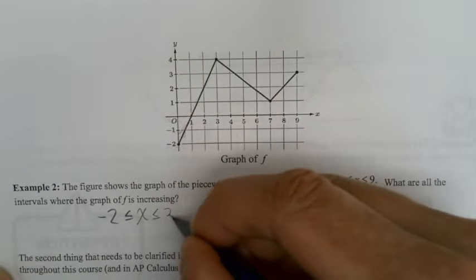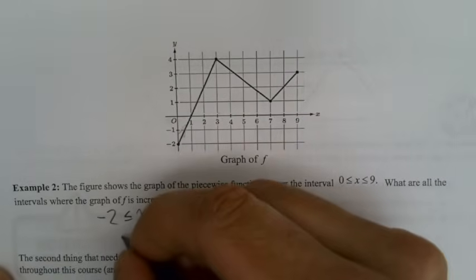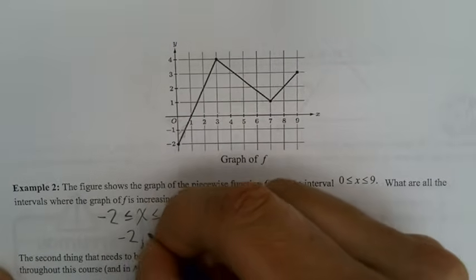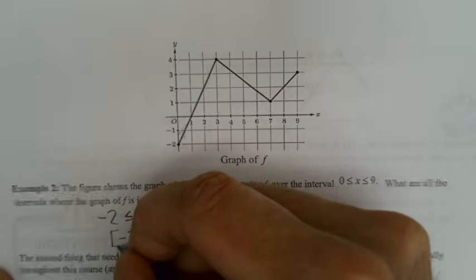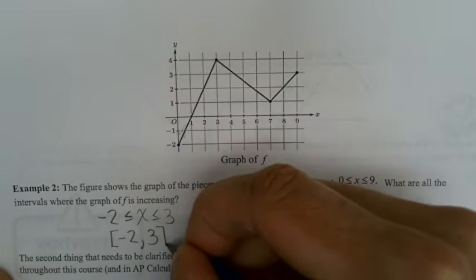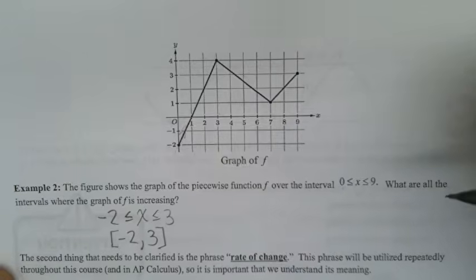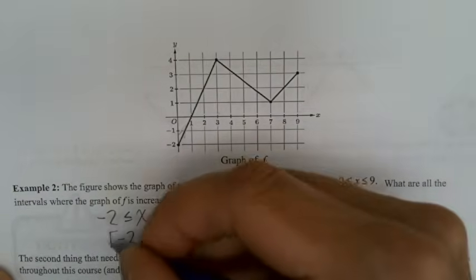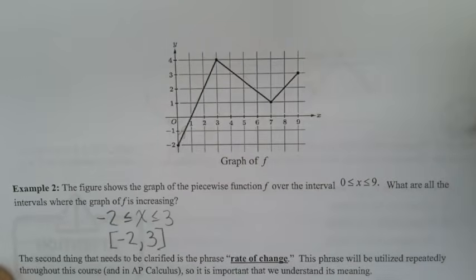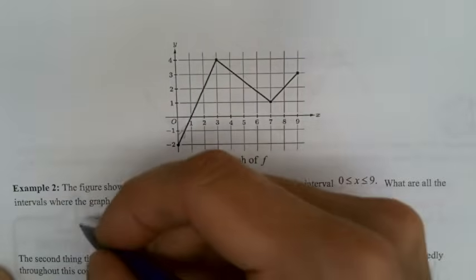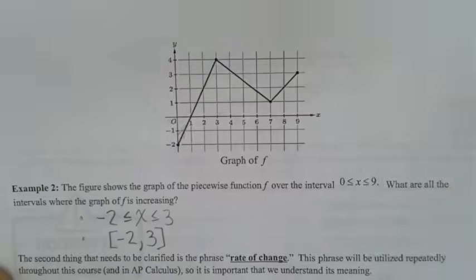So that's pretty simple. Another way we will write that is like this, where I use a bracket to imply equal to. If it was just less than, I would use a parenthesis. We want to make sure we're familiar with either of these two notations because they mean the same exact thing.